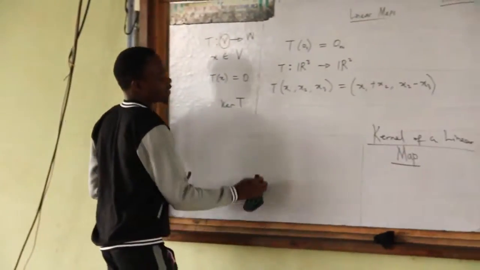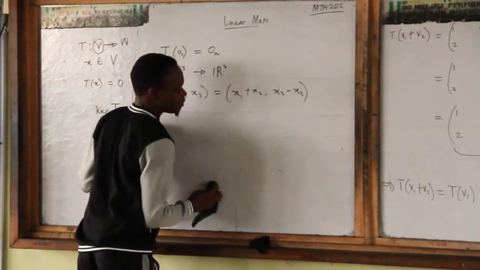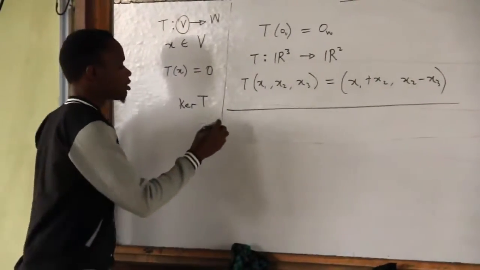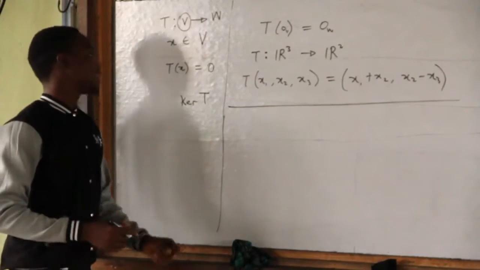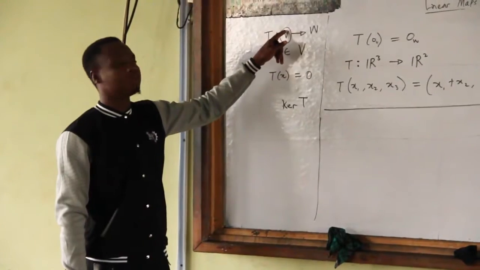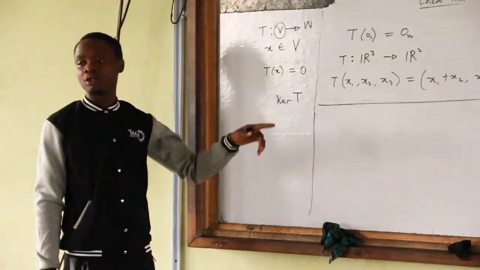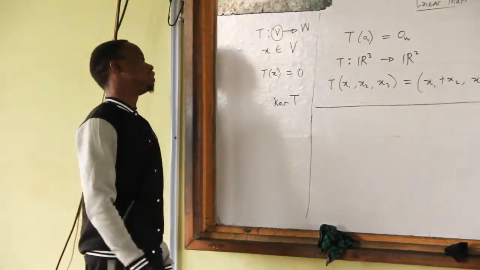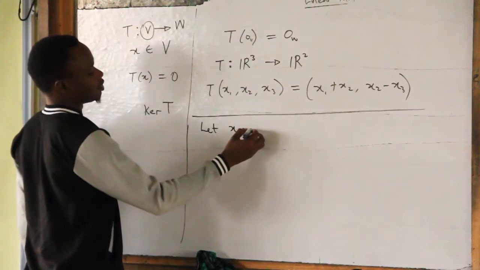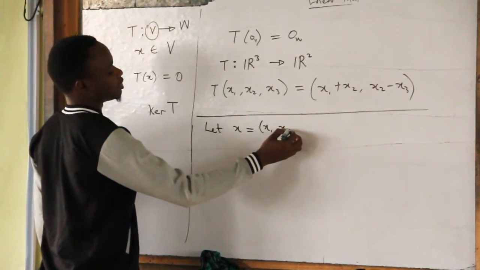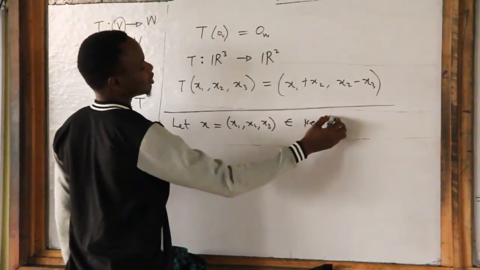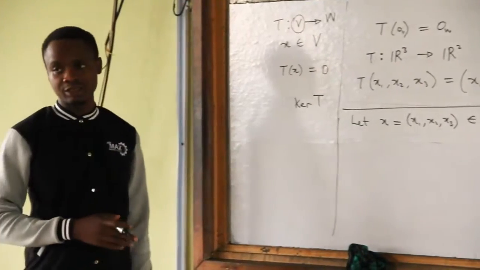Look at this now. Please pay attention. Based on the definition of kernel, we are saying the kernel contains those elements x of V such that T of x will be equal to 0. Is this clear? Alright, so in this case, I can say that let x equal to x1, x2, x3 be an element of ker T. If it's an element of ker T, what does that mean?